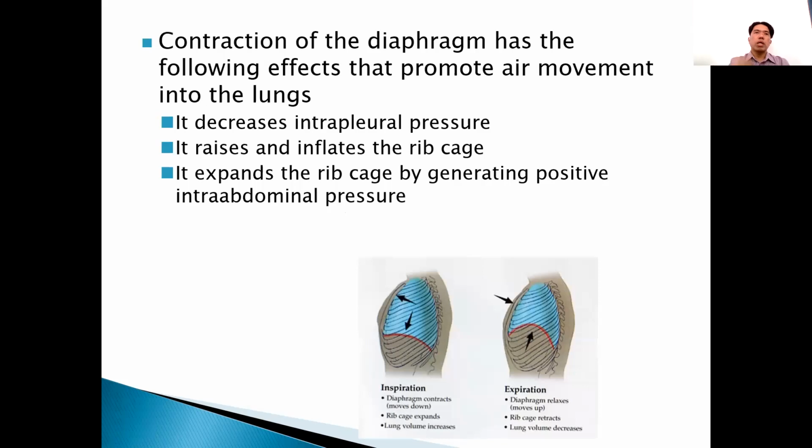So as I said, contraction of the diaphragm gives you the dome. So the effects that it does is decreases the intrapleural pressure. It expands the rib cage by generating positive intra-abdominal pressure. So when you increase the positive abdominal pressure, you expand the rib cage, increase the volume as well.